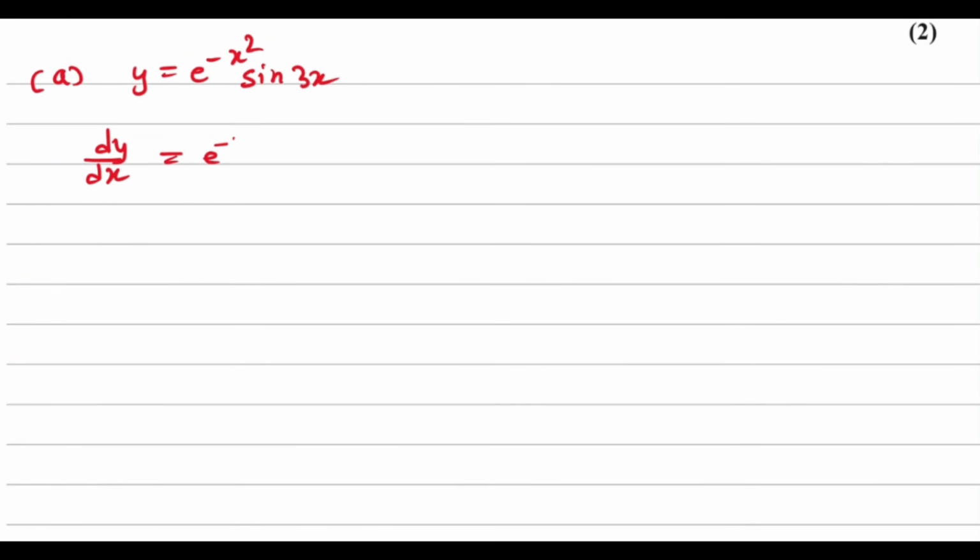we have to multiply e to the power of minus x square with the derivative of sine 3x, and then we have to add sine 3x into the d/dx of e to the power of minus x square.